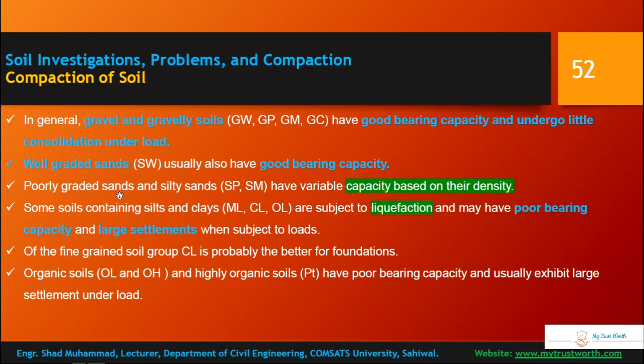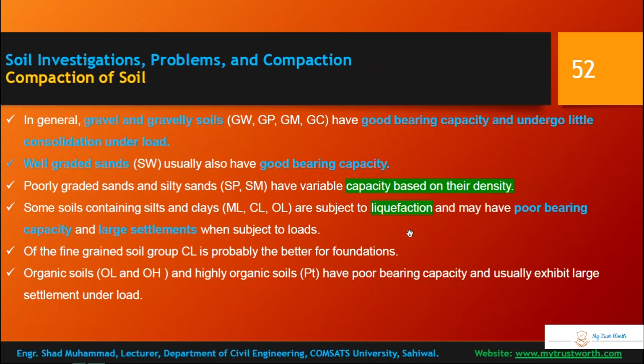Poorly graded sands and silty sands have variable bearing capacity based on their density. So if there is poor grading and silty sand, then that will have poor capacity. Some soils containing silts and clay are subjected to liquefaction.